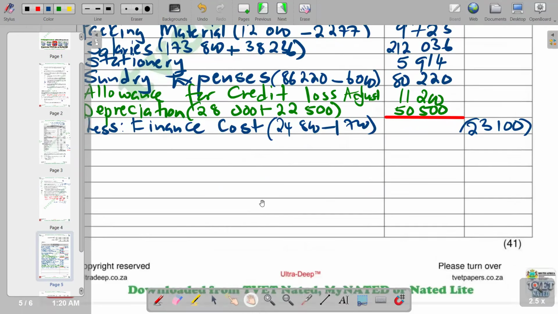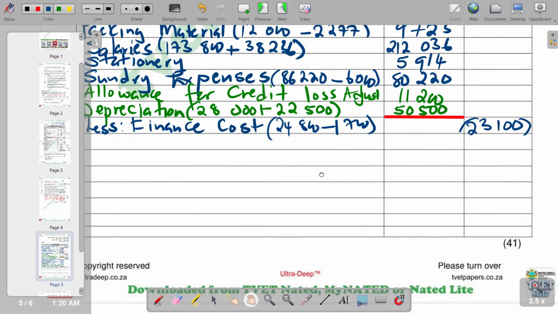So after our finance cost, obviously we need to do our calculation. From there, we are supposed to get our net profit or loss for the year.